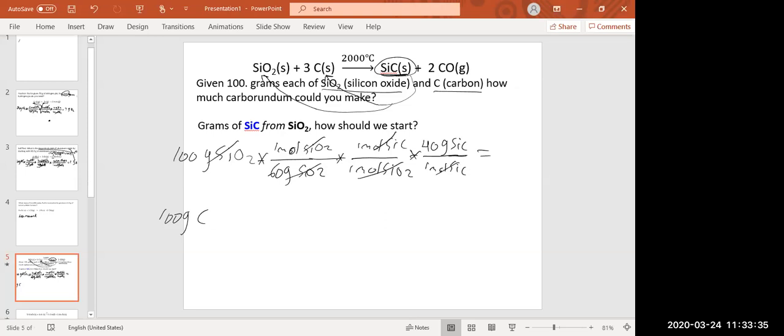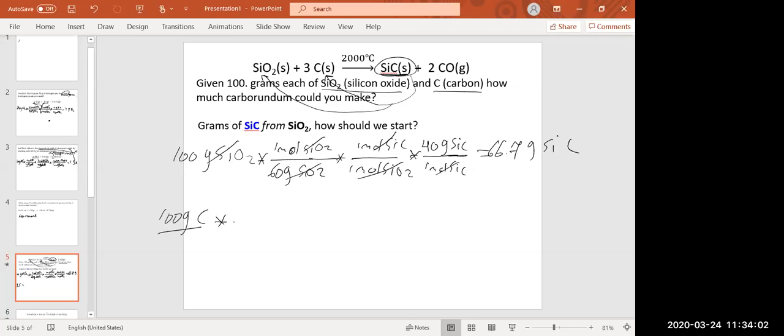So we will have here 100 times 40 divided by 60, we will get 66.7 approximately gram.